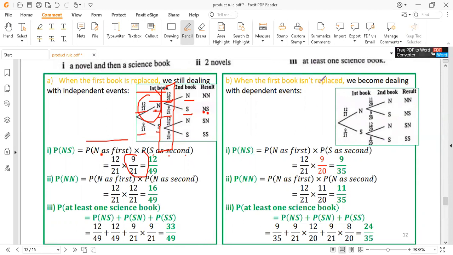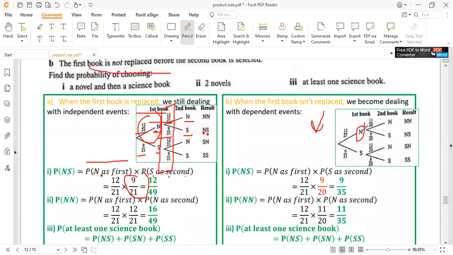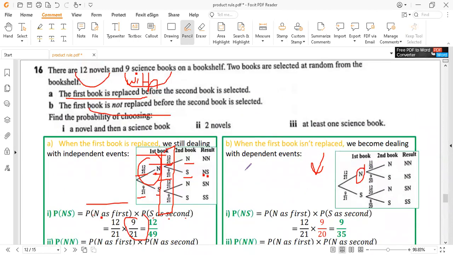And without replacement, if we obtain a novel the first time, the number of novels decreases by 1. So for the second selection we have 11 novels and 9 science books. If we add them, we have 20 in total.